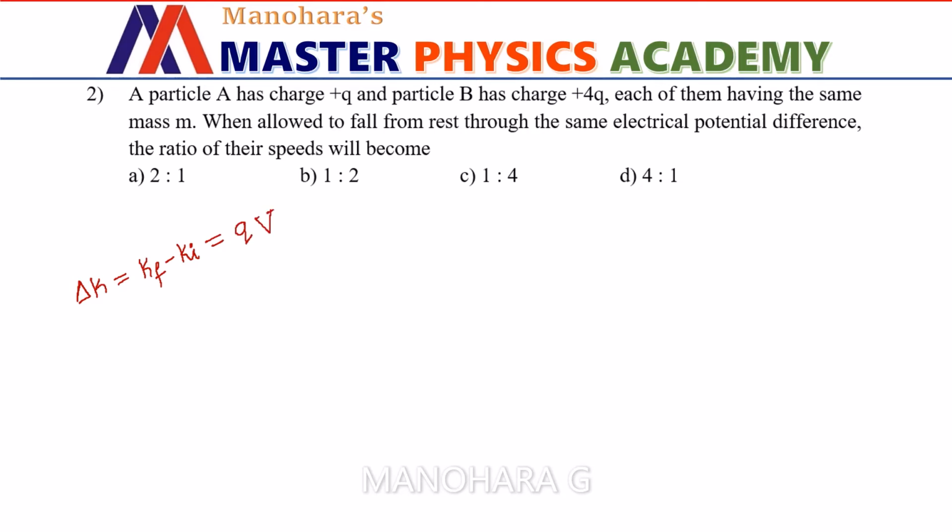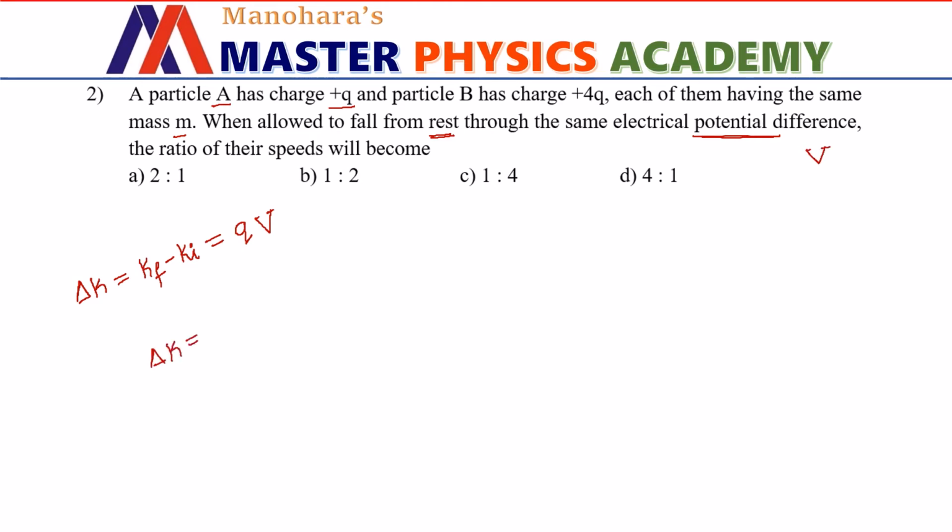Now let us use this for the first body. First body A has charge plus q and its mass is m, and it is starting from rest, and the electrical potential difference for both the bodies is the same, hence I am going to consider it to be V. So what will be the change in kinetic energy?